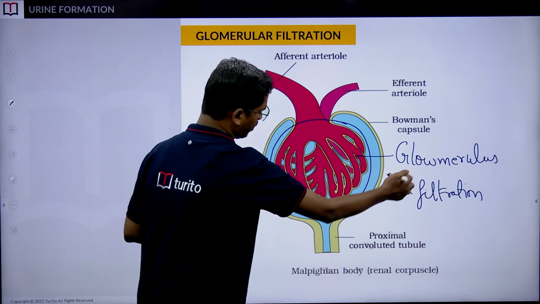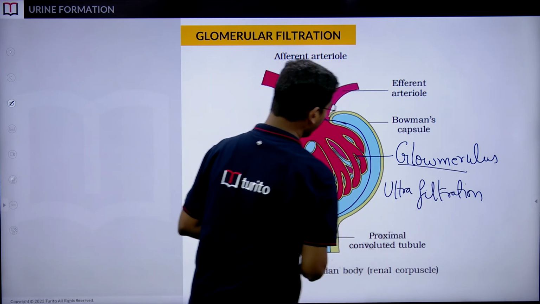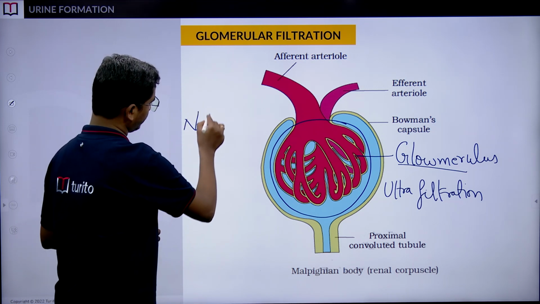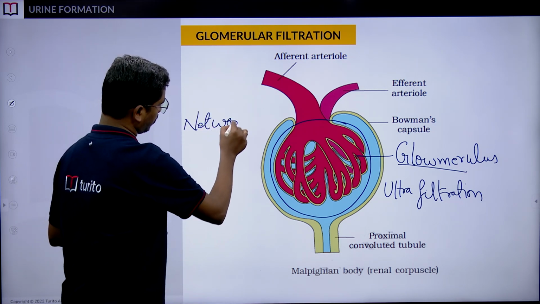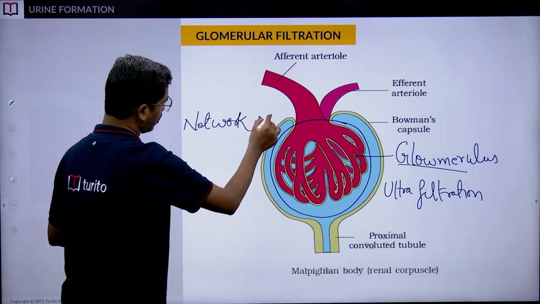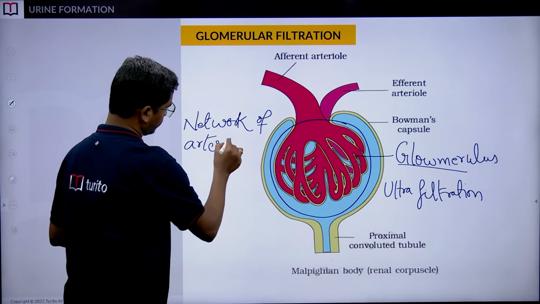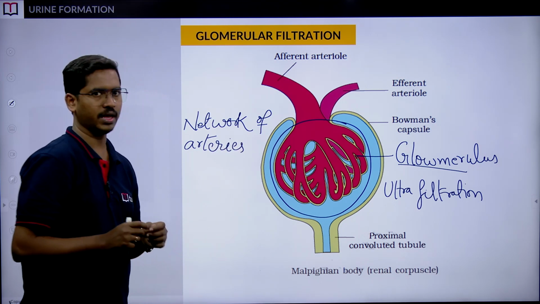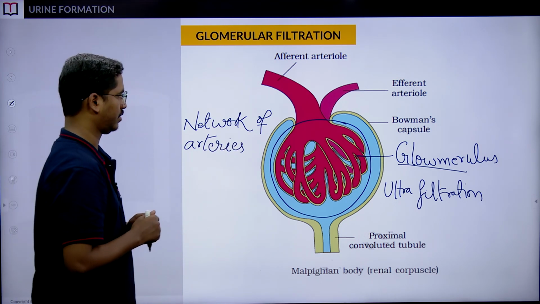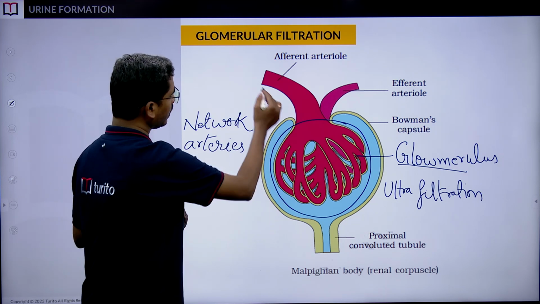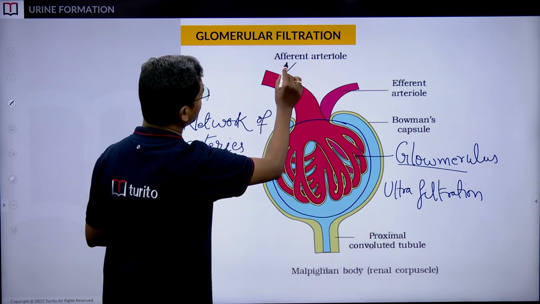Now, this glomerulus is actually a network of arteries. We have to see that it is a network of arteries. What happens here is, this network is formed of two different arterioles.